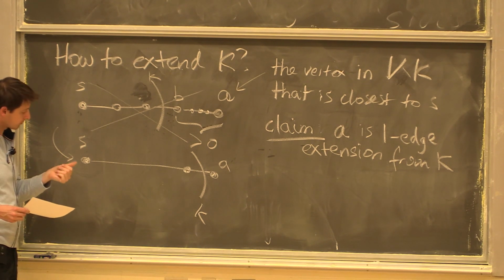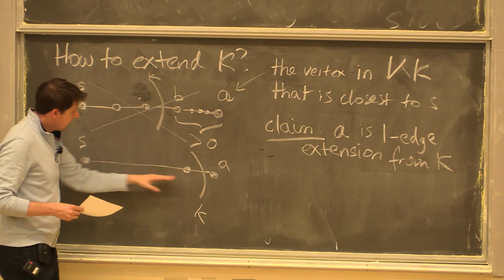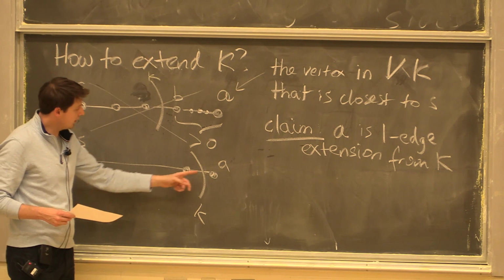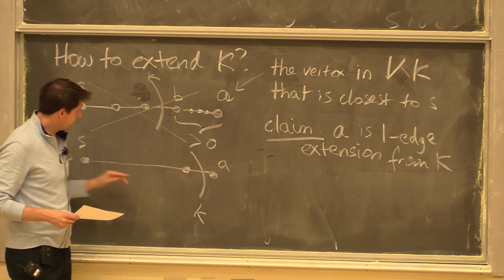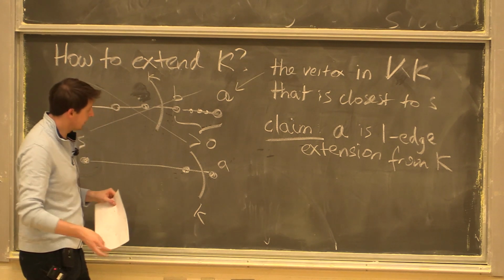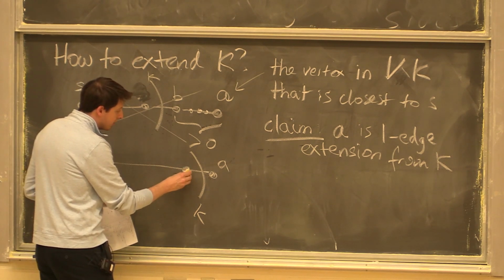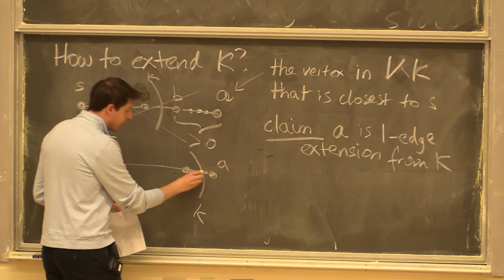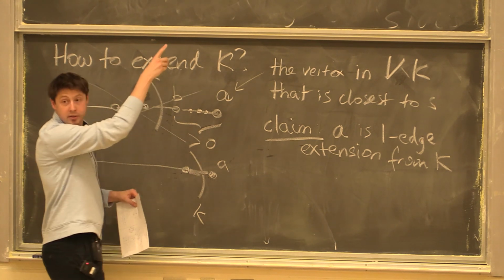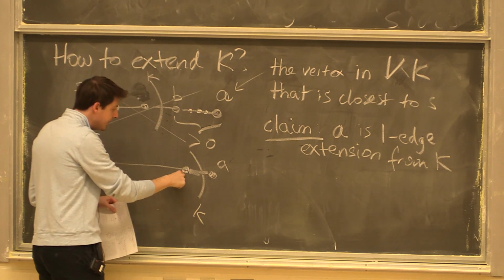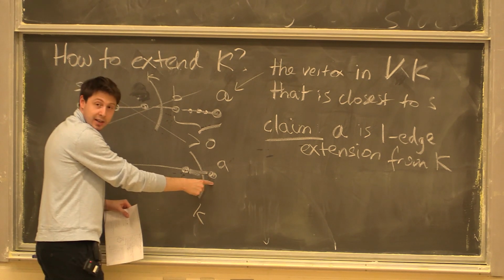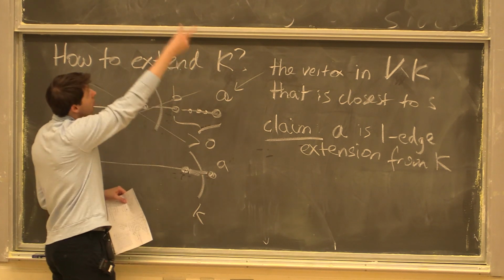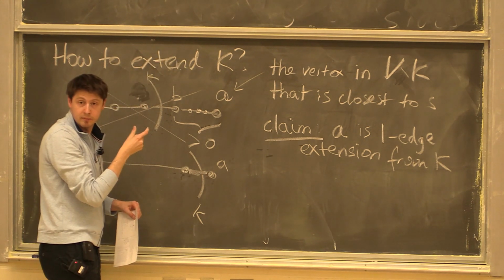It's because of the argument that we just made. When we made this argument for this K, we know that this one will appear among our choices. Because A is a one-edge extension, this particular one will be one of those that we consider among all options up there.